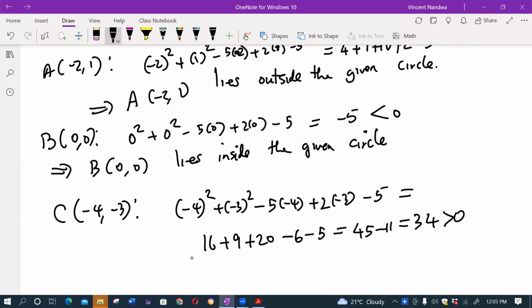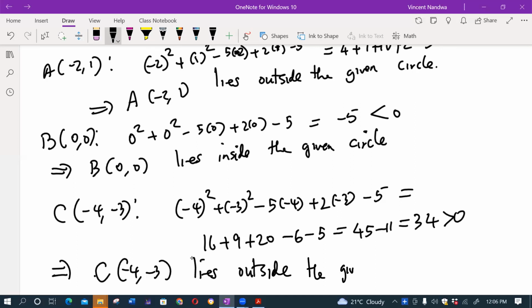And 34 is more than 0. So this means that C, minus 4, minus 3 lies outside the given circle.